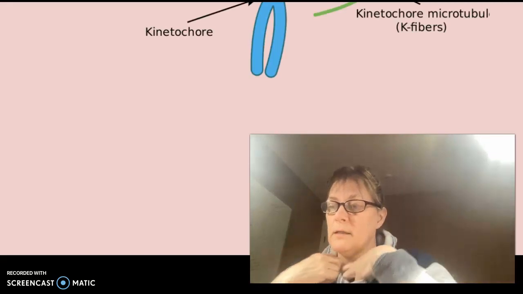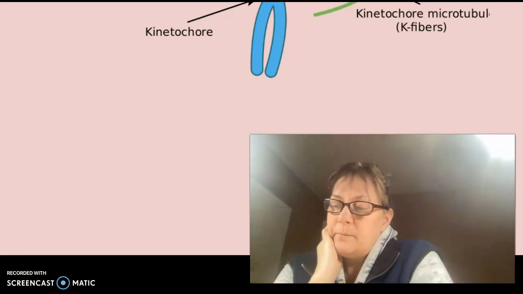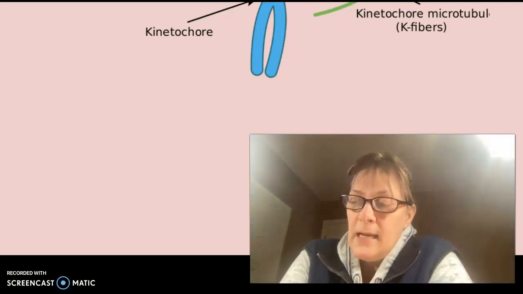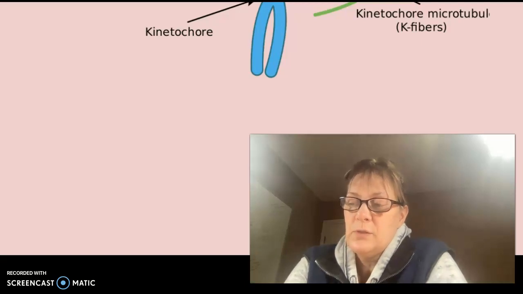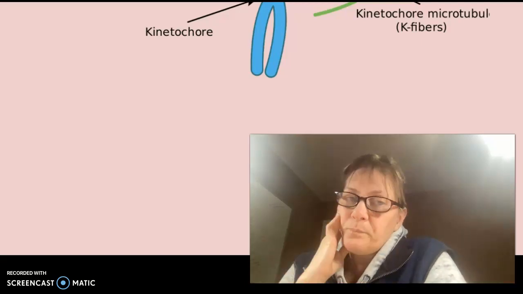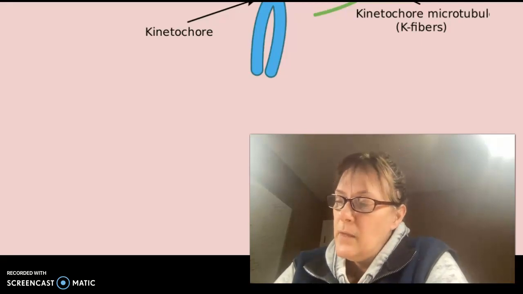All right, so during the mitotic or M phase, the microtubules align the chromosomes on the metaphase plate and separate the chromosomes during anaphase. So just a review of that cell cycle.